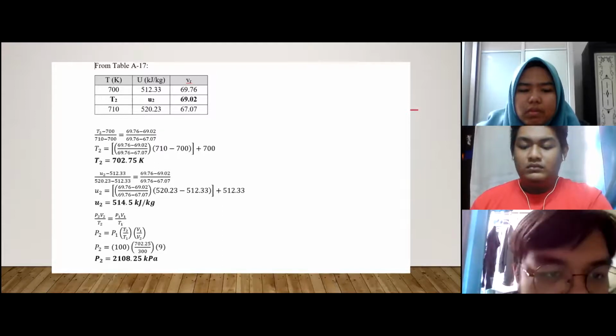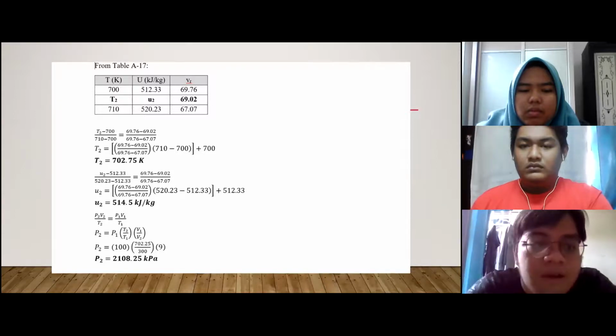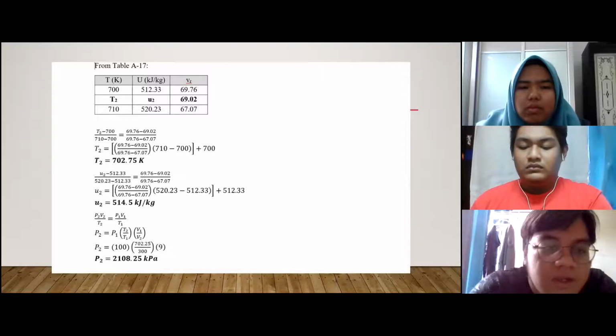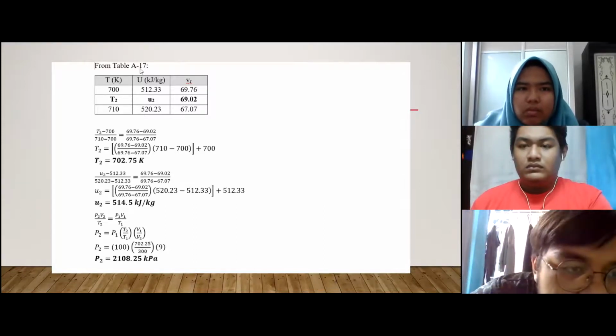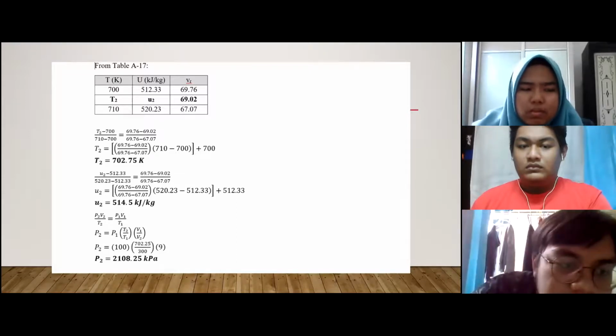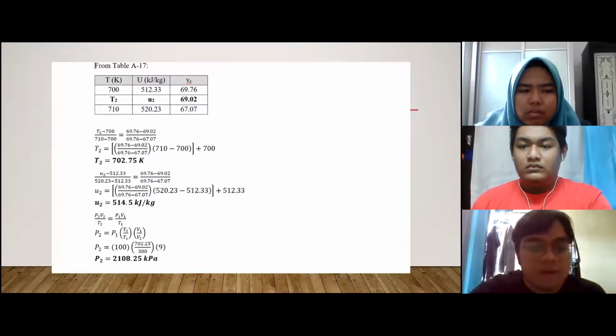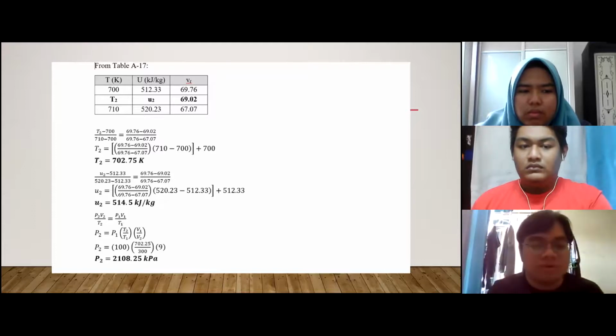So the temperature for that is from 700 Kelvin to 710 Kelvin. So we're going to do an interpolation for temperature. We get T2 equals 702.75 Kelvin.